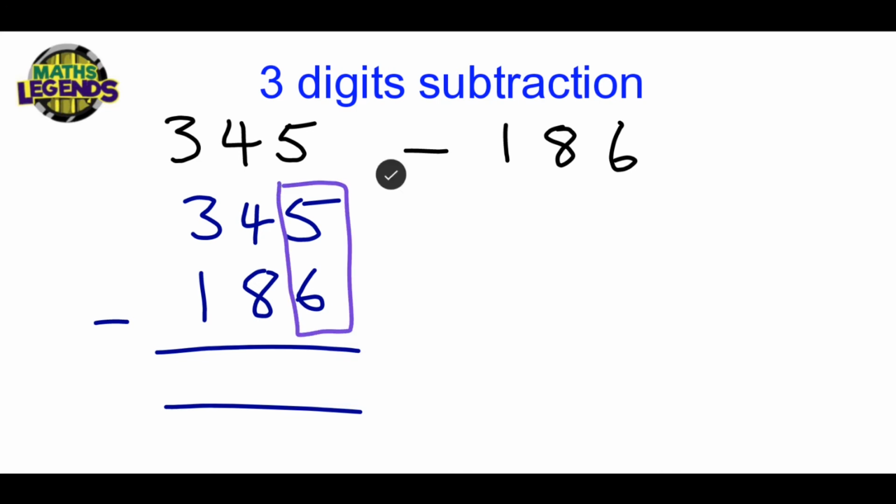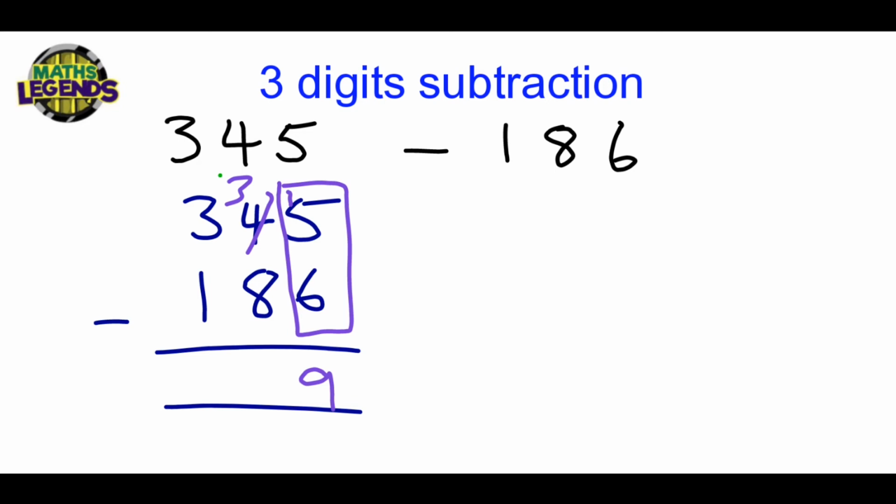We can't do that as, again, if we have 5 sweets, we cannot take away 6 sweets from it. So this 4 reduces to a 3. And we pass on the 1 just in front of the 5, so it becomes 15. So now 15 take away 6 is 9.